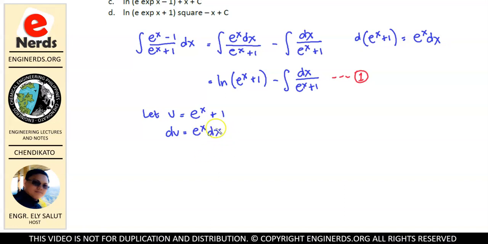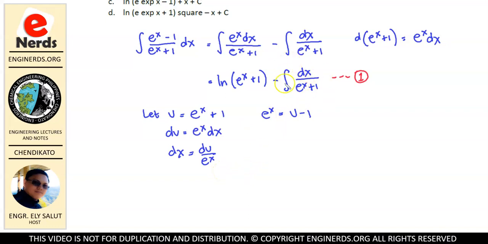If you're going to substitute that here, kailangan makuha natin yung dx, so we're going to isolate that. We will have dx equal to du over e to the x. And similarly, our e to the x, let us isolate that. Our e to the x is equal to u minus 1. Ito yung mga gagamitin natin sa ating substitution.